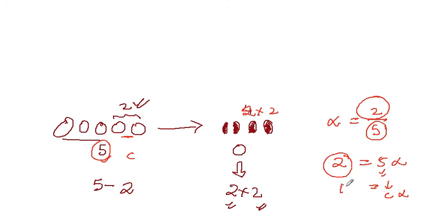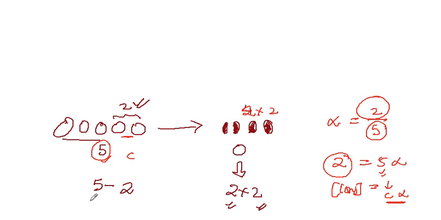So this ion concentration that we can have is C alpha.